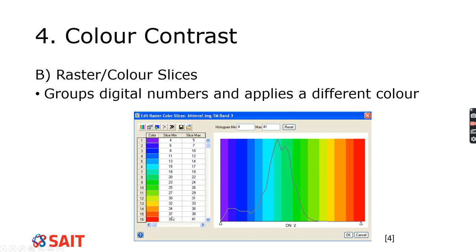Looking here, for example, you can see there are two values in between each of these colors, and this would be my histogram. What I'm trying to do is define that between these two values, if it's this color, it's a pixel that's either 4 or 5. And if it's this color, it's a pixel with a value of either 6 or 7. Then it provides that color to that pixel.